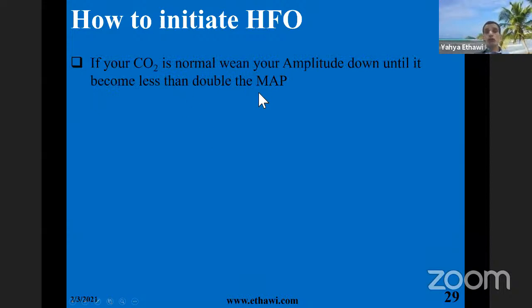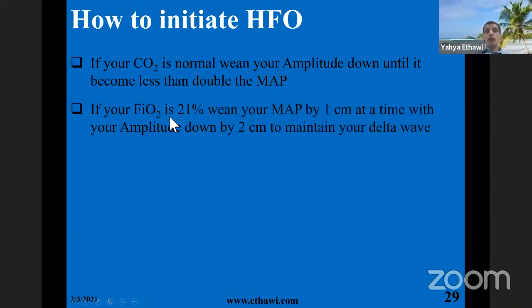If your CO2 is normal, wean your amplitude down until it becomes less than double the map. If your FiO2 is 21%, wean your map by 1 at a time. But when you wean map and your CO2 is normal, you need to wean your amplitude too to maintain the same delta wave.